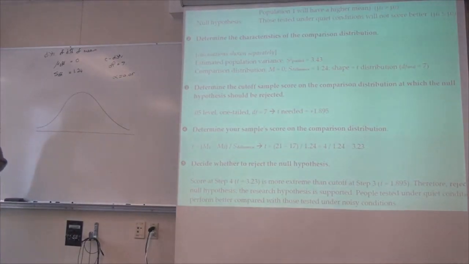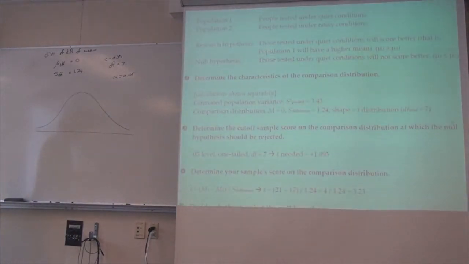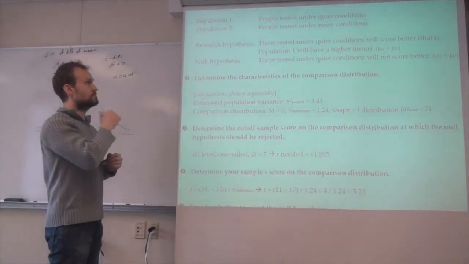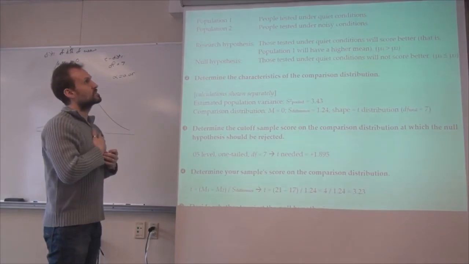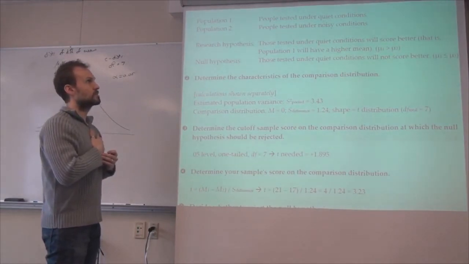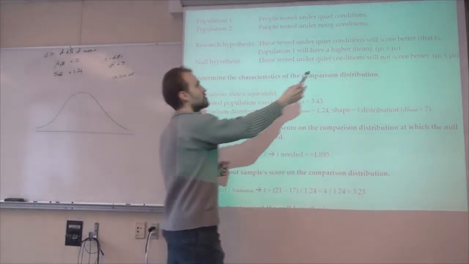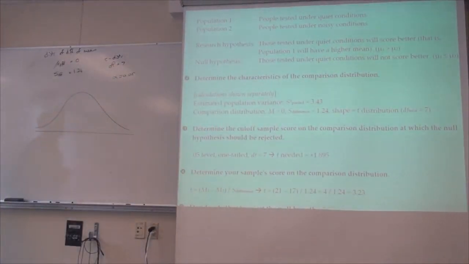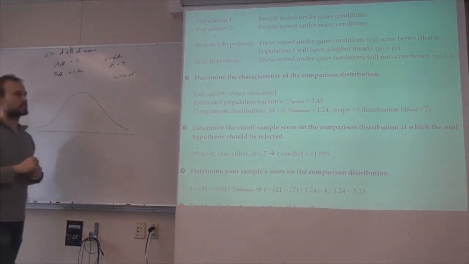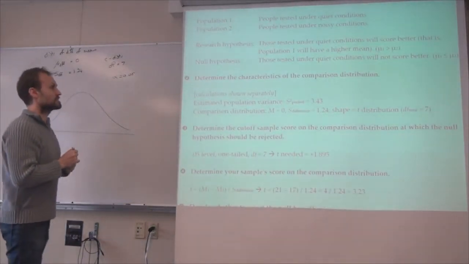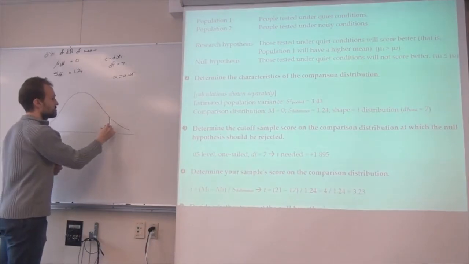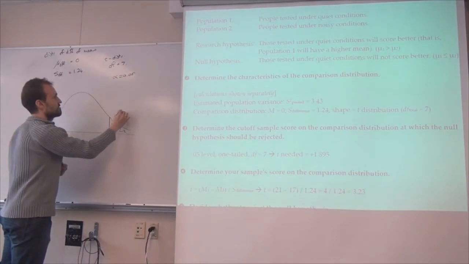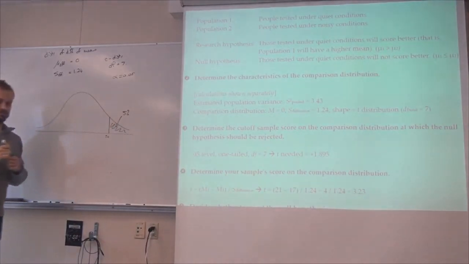I'm looking at my research hypothesis, that I suspect that under quiet conditions people perform better, so that the mean rating is going to be strictly greater than in the noisy population. So I have a one-tailed test, and my cutoff is going to be somewhere over here, giving me my 5% on the right.